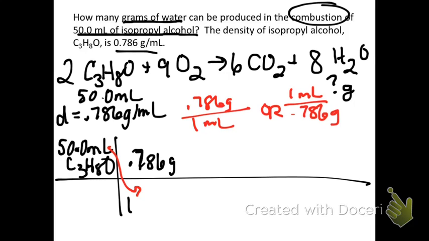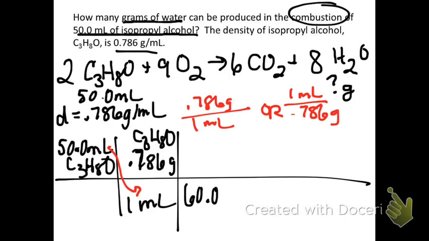0.786 grams per 1 milliliter. That's the grams of C3H8O. I have to get to moles. To get to moles from grams, I use molar mass. The molar mass of C3H8O happens to be 60 grams per mole. Then you do your mole ratio.